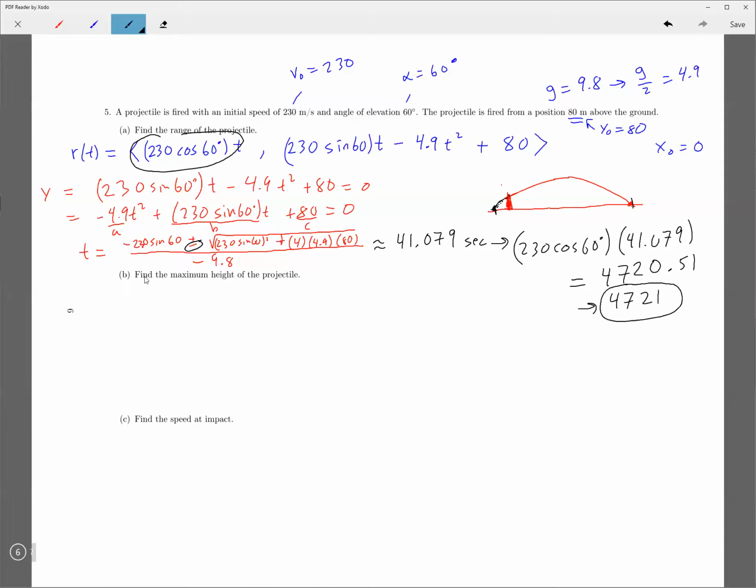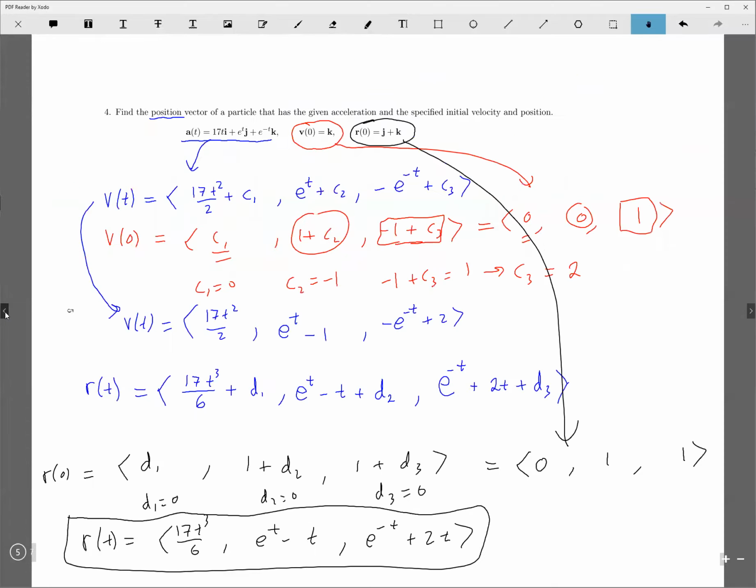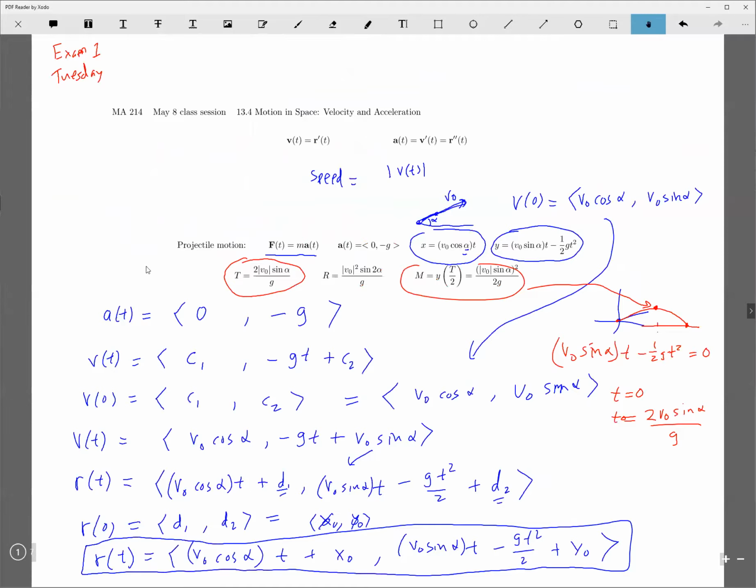Okay, great. So now the next one is to find the maximum height of the projectile. For that one, you could actually use this formula here.